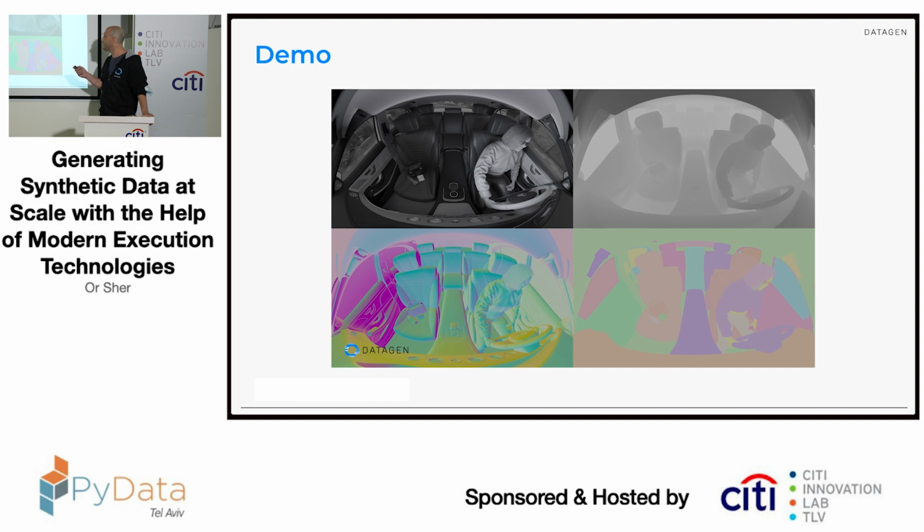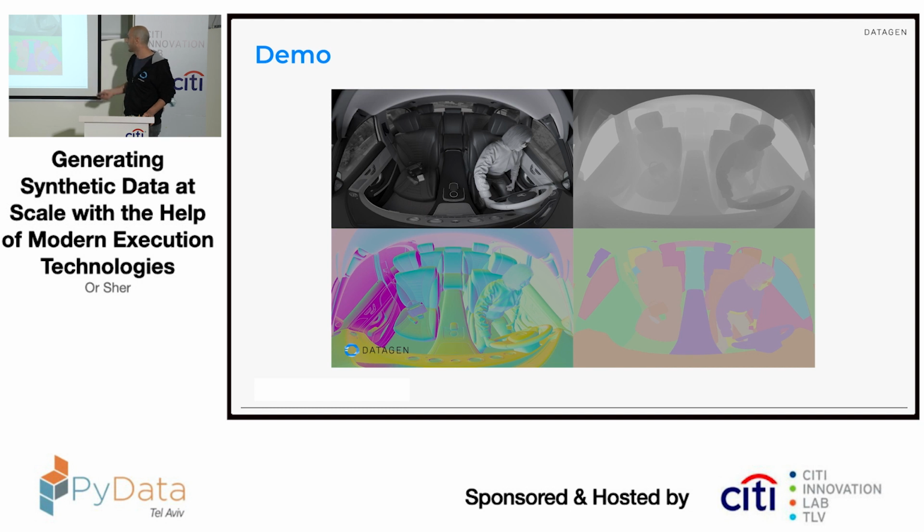On the top left, you can see the reality image, and this specific image is a near infrared image in this use case. All the rest are the ground truth modalities of the same image, taken from the same exact moment and place.